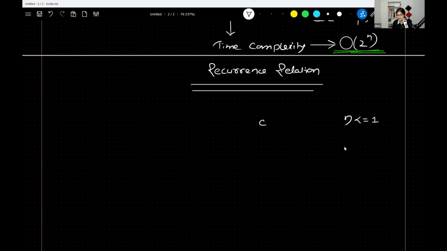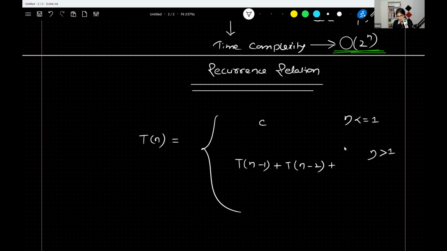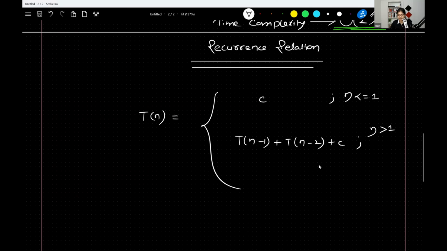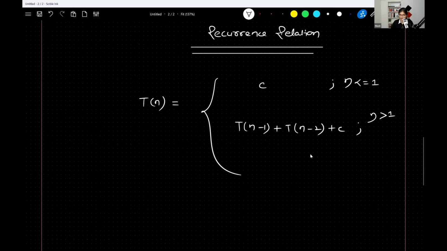But when the value of n is bigger than 1, we are using the concept of recursion. So let's say our function time complexity is T of n. So we are saying T of n minus 1 plus T of n minus 2 plus c. For the addition part, there is a constant thing which is required, right? This is the recurrence relation that we have.